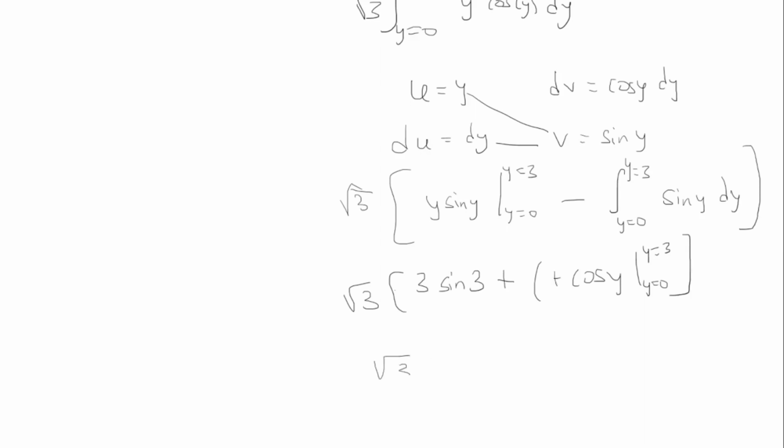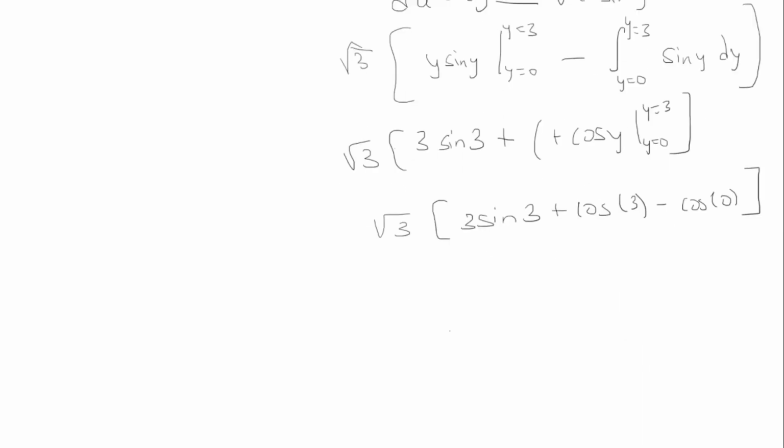So it's the square root of 3 times 3 sine 3 plus cosine 3 minus cosine 0. So then this is 3 sine 3 plus cosine 3 and then minus 1. And this is the exact answer.